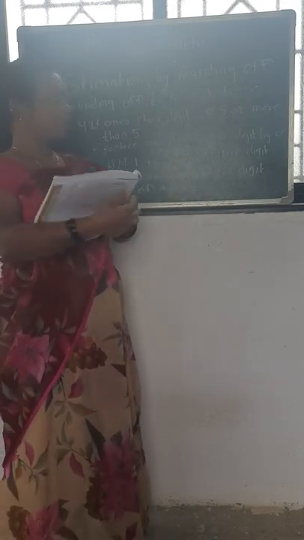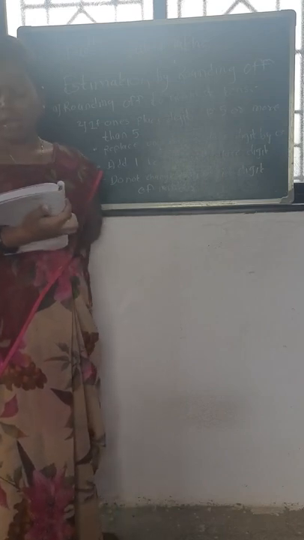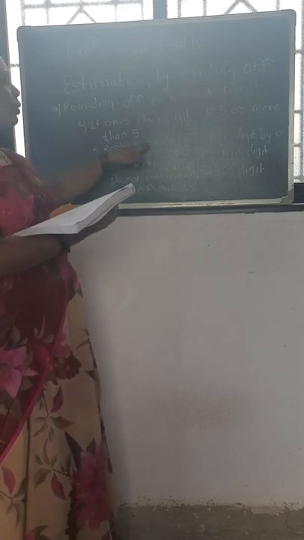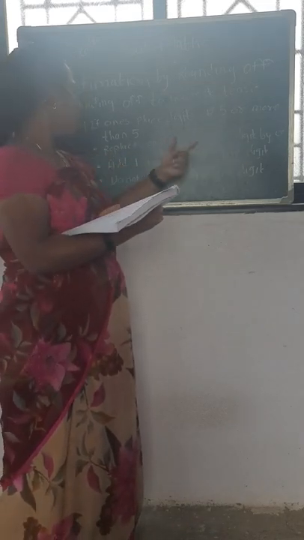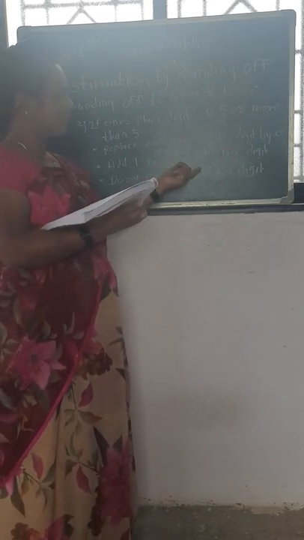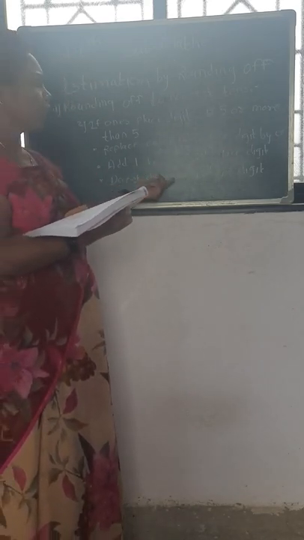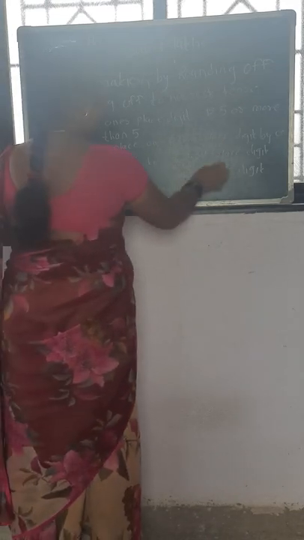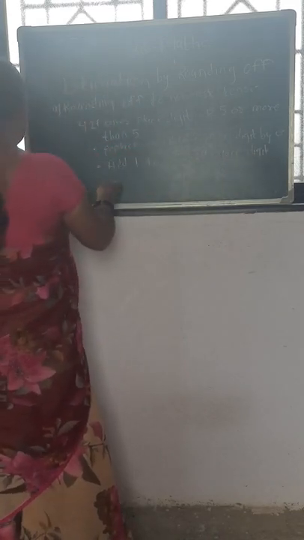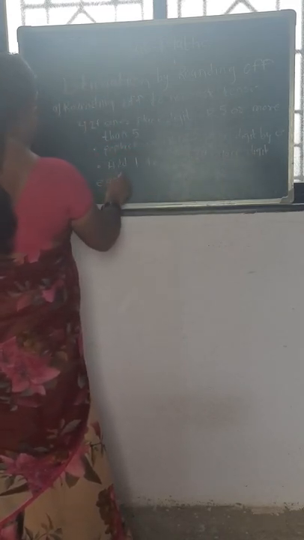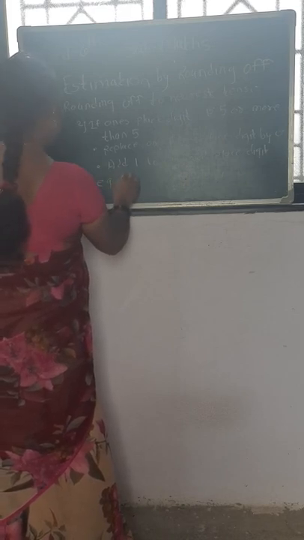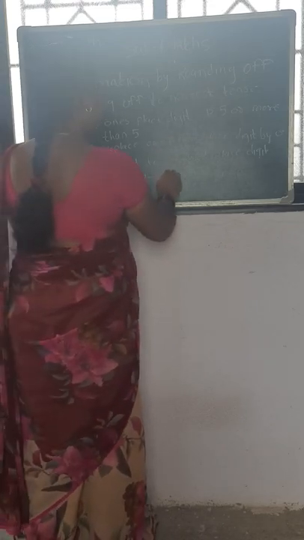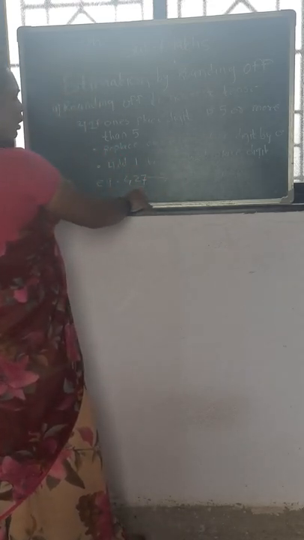Rule second is, if the one's place digit is 5 or more than 5, then replace the ones and tens place digits by 0 and add 1 to the hundreds place digit. And third, do not change any other digit of the number. For example, we have to round off to the nearest tens the number 427. Examine the one's place digit.